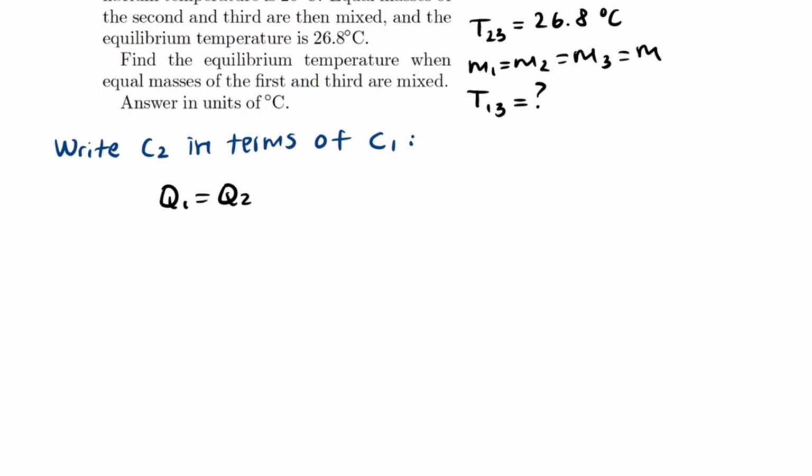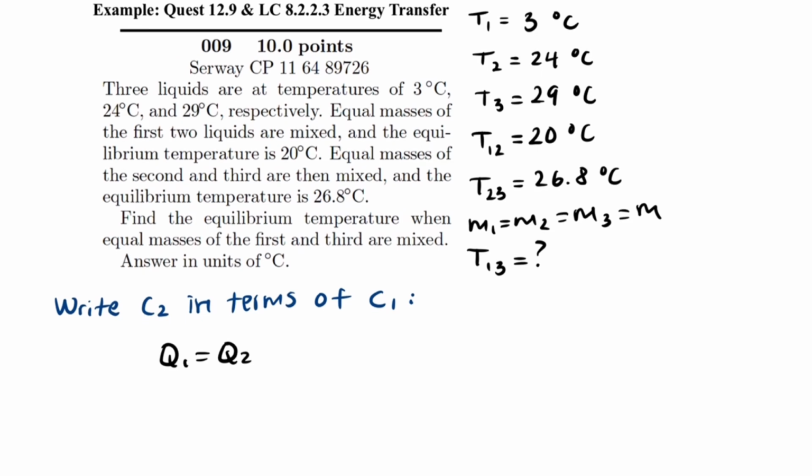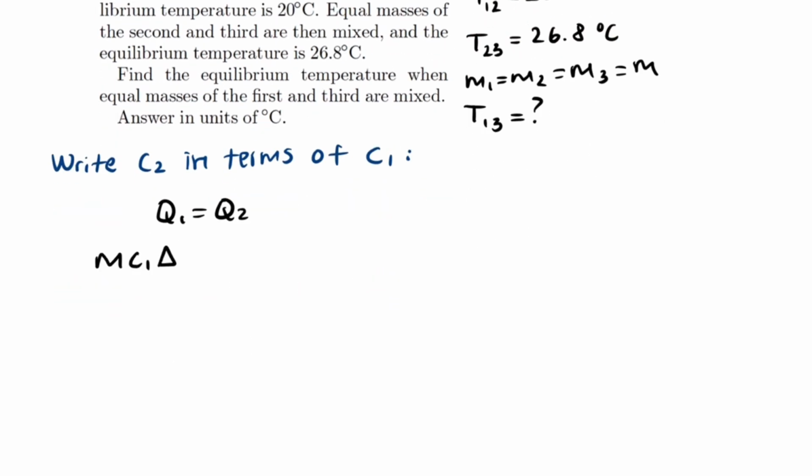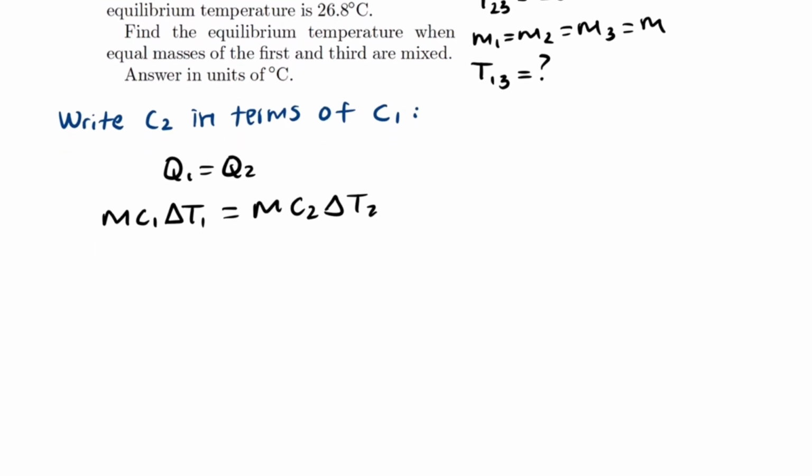Heat transfer 1 equals heat transfer 2. We know this because there'll be an energy exchange between the second and third liquid going like this, because this is hotter. Because the masses are the same, we can just ignore them.